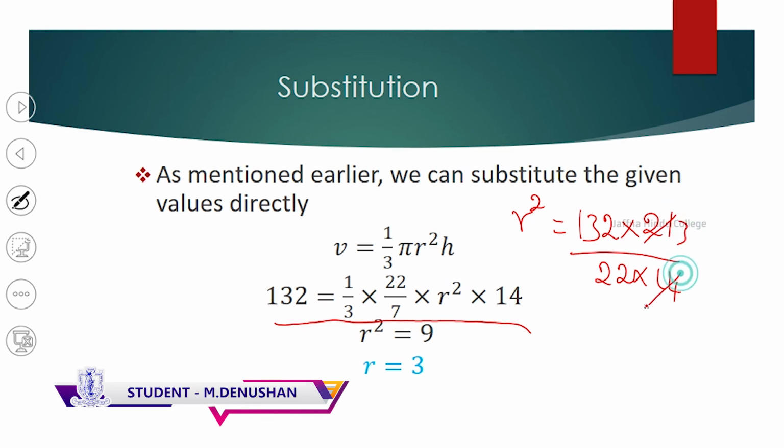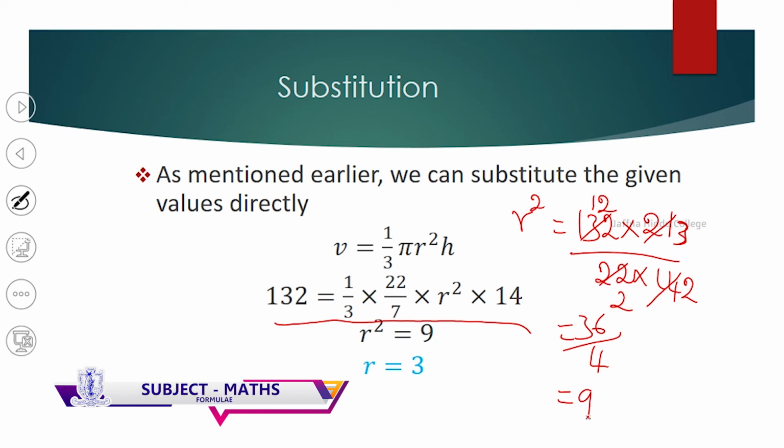By simplifying we obtain 36 over 4, that's equal to 9. Then r squared is equal to 9.